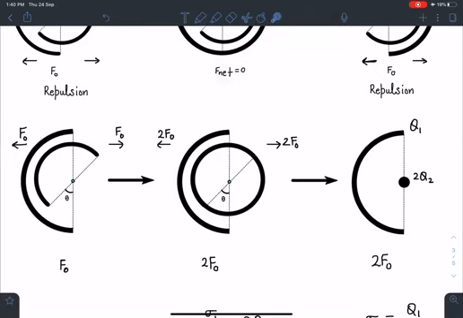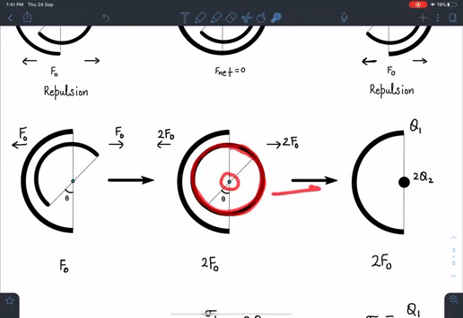You can see almost without calculations, since we have arrived at this diagram. Now for all outside points, we can use the shell theorem. For all outside points, this shell will behave like a point charge concentrated at the center.